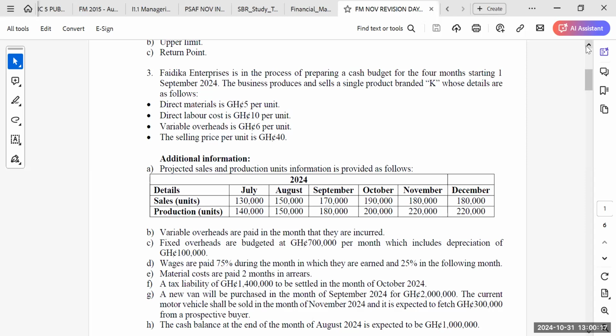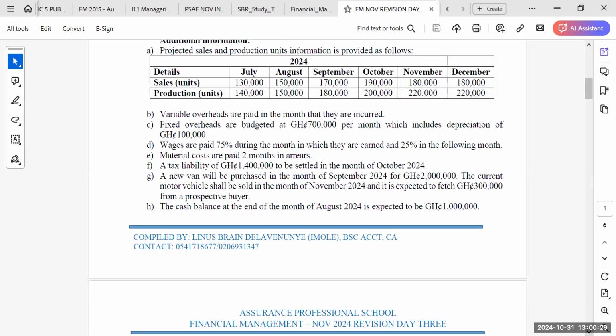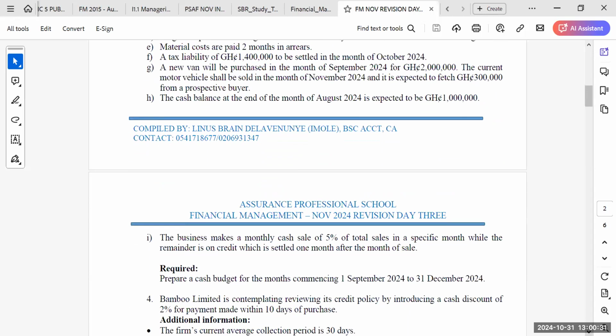The cash balance at the end of the month of August 2024 is expected to be 1 million Ghana cedis. The business makes a monthly cash sale of 5% of total sales in a specific month, while the remainder is on credit, which is settled 1 month after the month of sale.